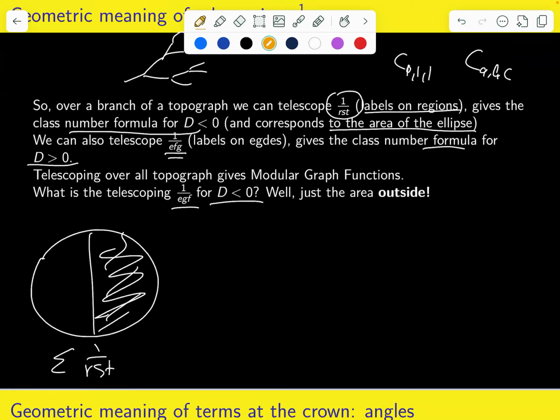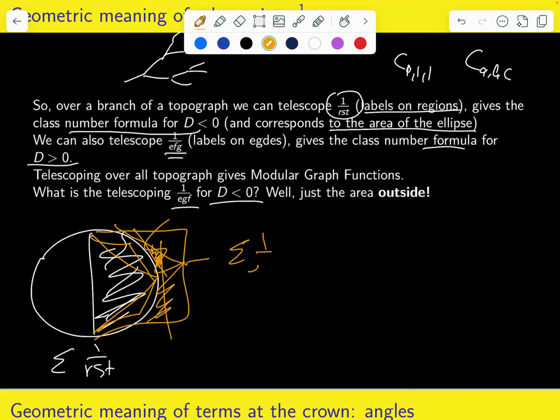And when you compute the sum of the outside, here I have these kinds of triangles. Instead of looking at triangles inside, I draw tangents at these points and look at the areas between tangents, at exactly the same points. Then it's a direct computation. This area here will be the sum of 1 over EFG, so the sum over the edge labels.